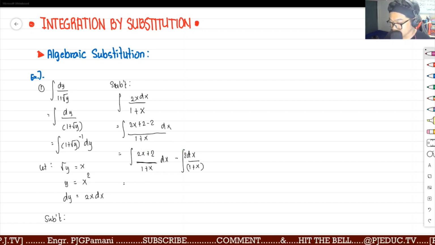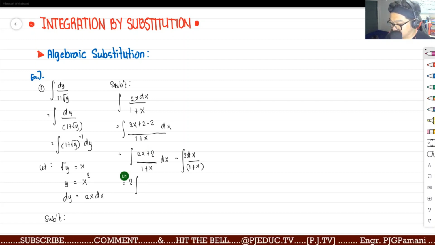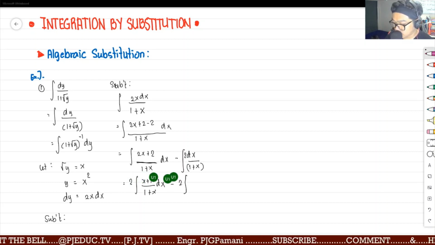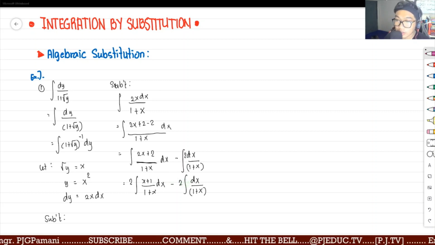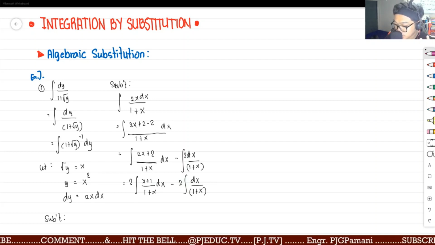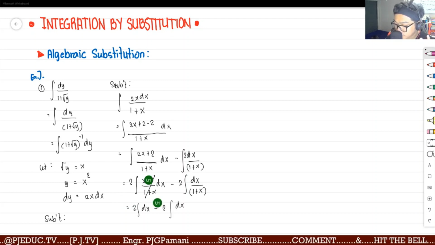Diba? Then, extract natin si 2. That is simply the integral of (x plus 1) over (1 plus x) dx minus 2 integral of dx over (1 plus x). So, makikita mo na ano yung susunod na method na gagamitin natin from your integral formula. Cancel out. That is simply 2 integral of dx minus 2 integral of dx over (1 plus x).